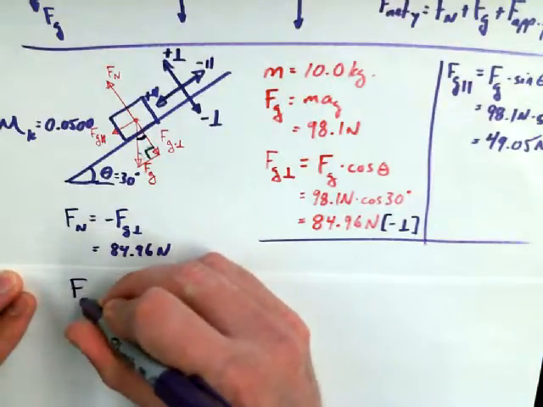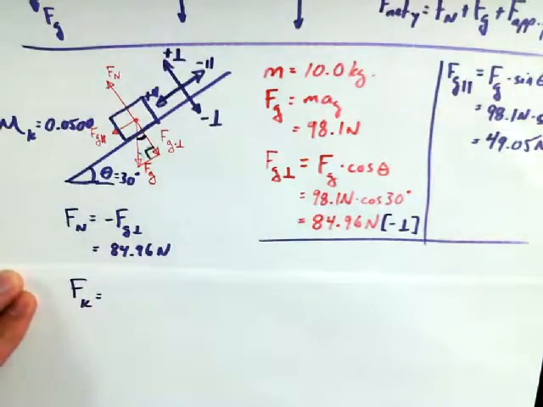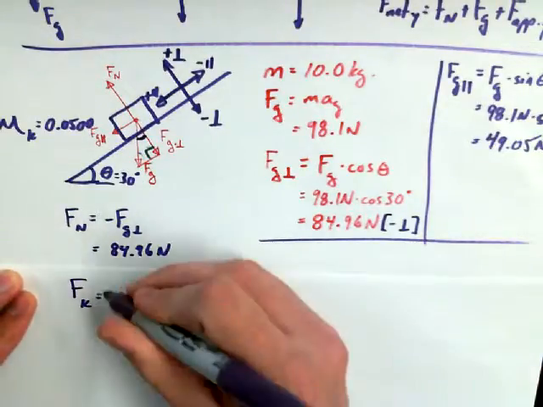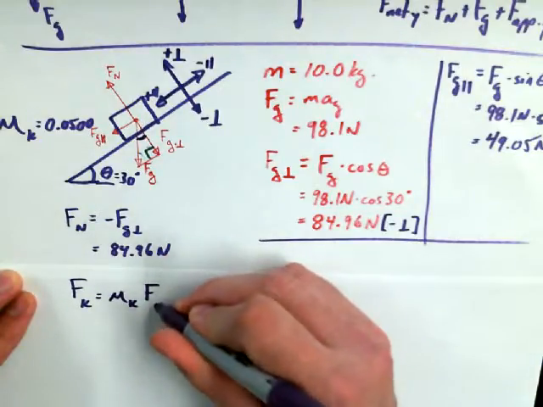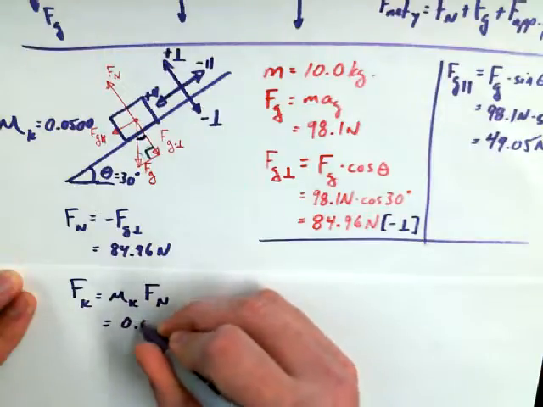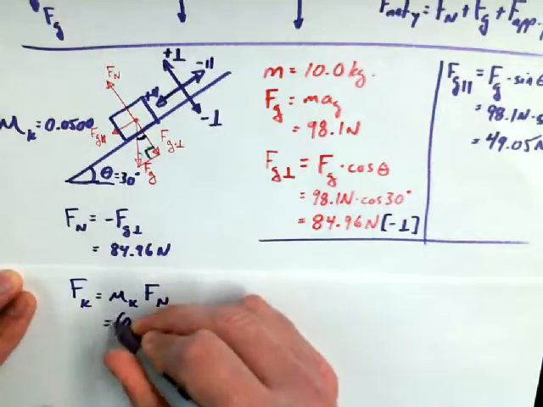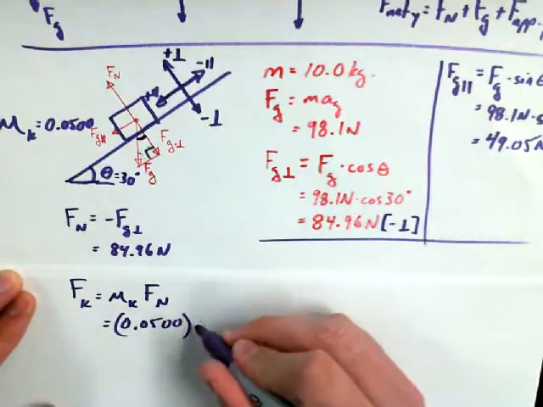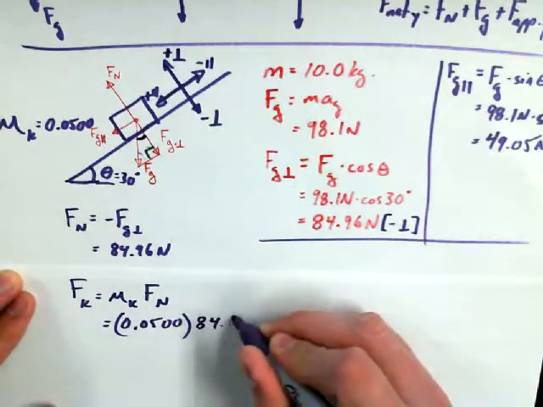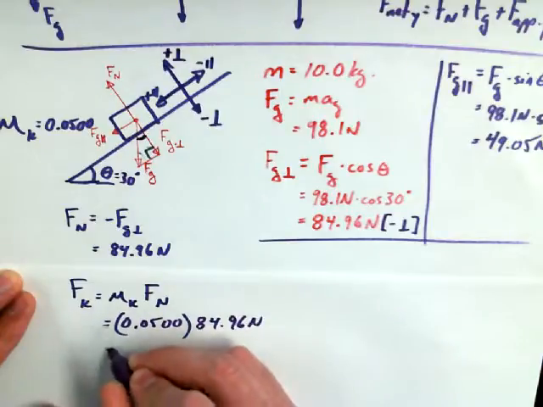I can say that Fk, the friction force due to kinetic friction, is equal to mu k Fn, or 0.0500. And you know that I have those extra zeros there to imply how to round this thing, times 84.96 newtons.